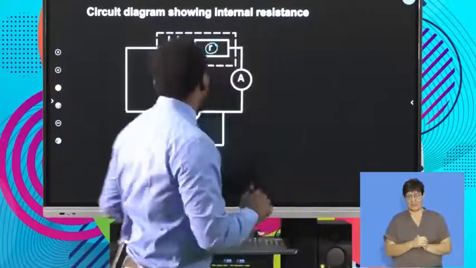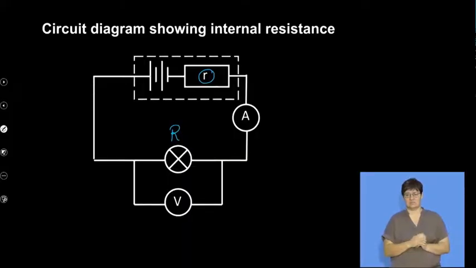So this is a general setup of a circuit. Inside the battery there is resistance. The resistor inside the battery offers resistance within the battery or within the source itself. Very important.